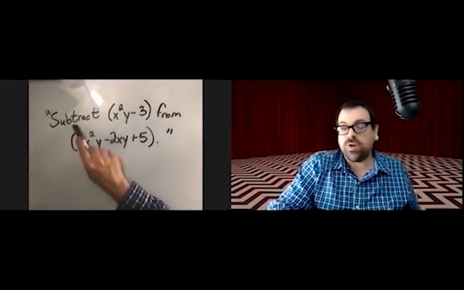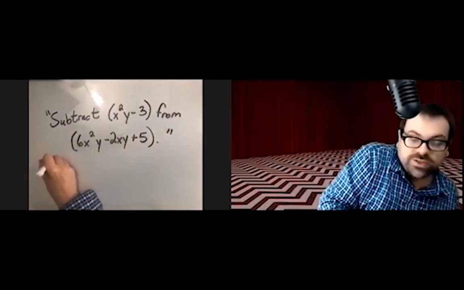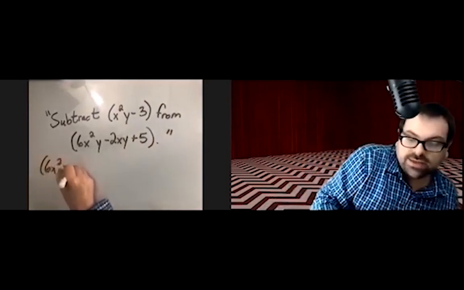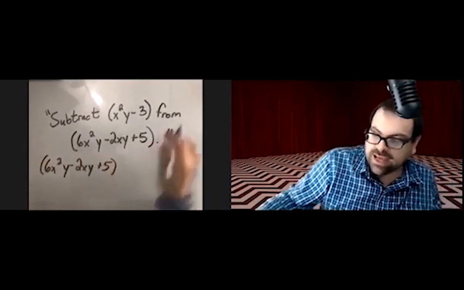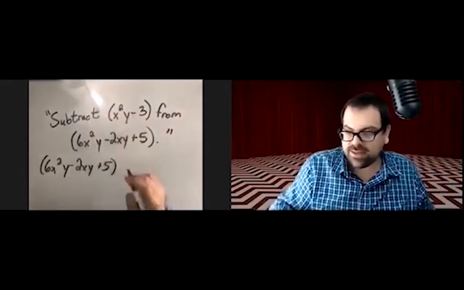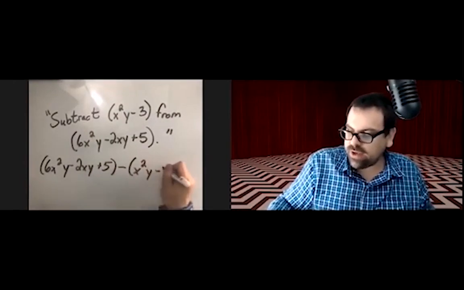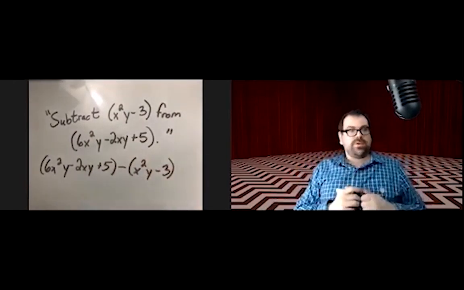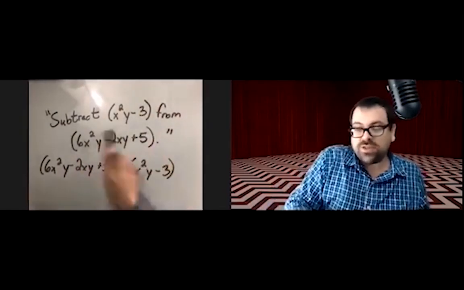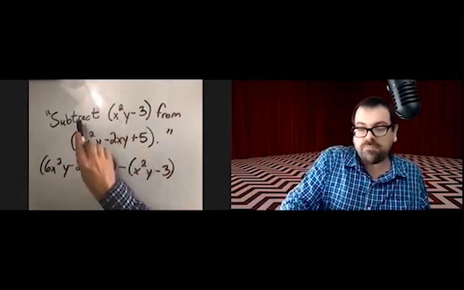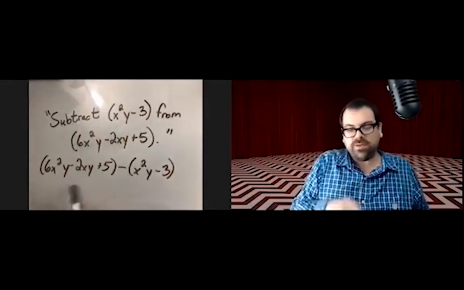It says subtract this from that, which means we start with that, and from that, we subtract this, minus x squared y minus 3. So when it says subtract this from that, that means you have that first and you are subtracting this.